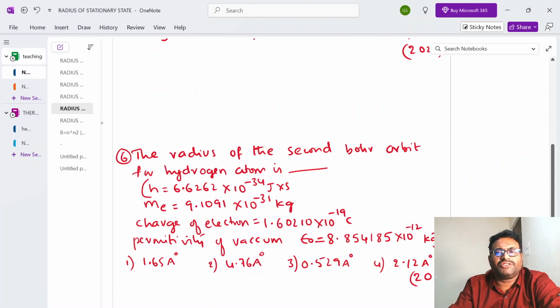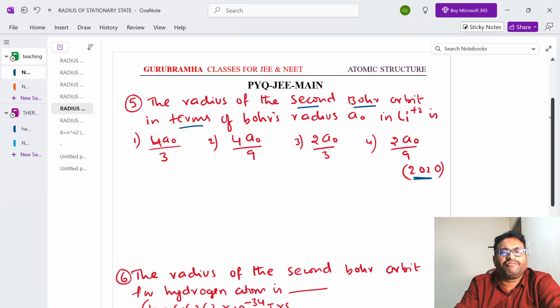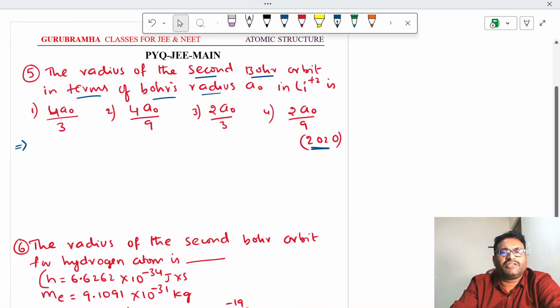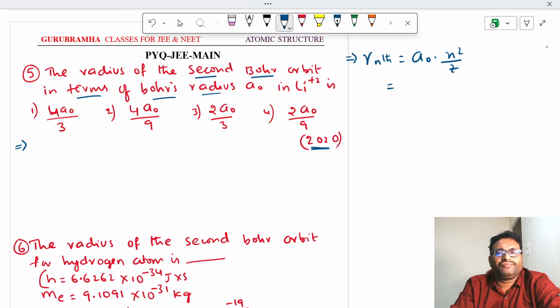Next, the other question. When it is asked, the radius of the second Bohr orbit in terms of Bohr's radius in lithium. We have the formula: the radius of the nth orbit is equal to A naught into n square by Z. That is A naught into second Bohr orbit, 2 square by Z. For lithium, Z is equal to 3, right?